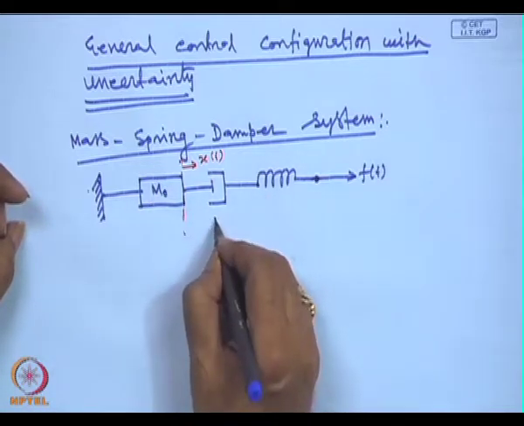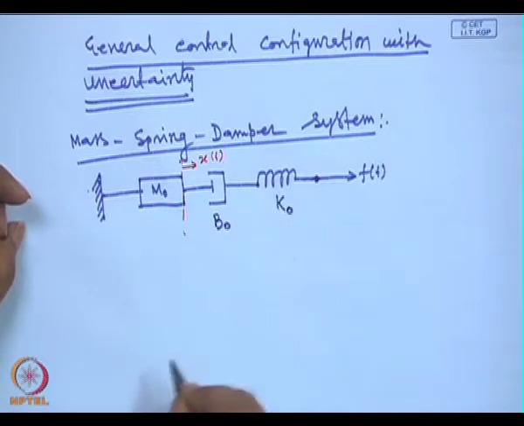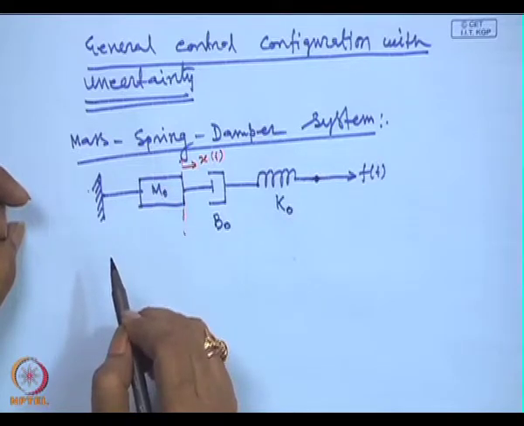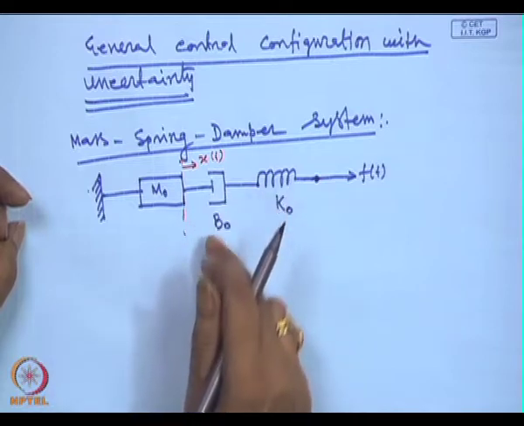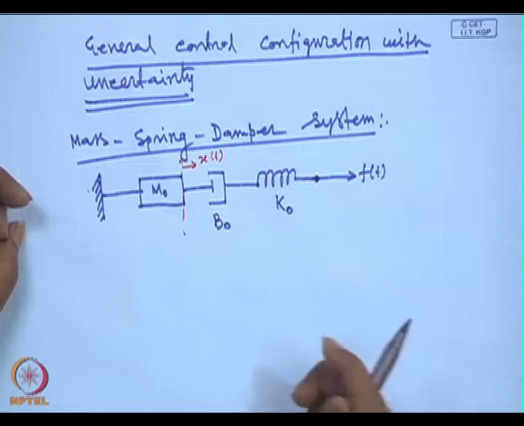This is b 0, the nominal spring constant is k 0, and the nominal mass is m 0. The mass may change with time, the damping coefficient may change, and the spring coefficient may change with time.